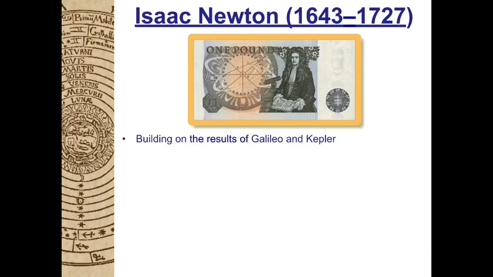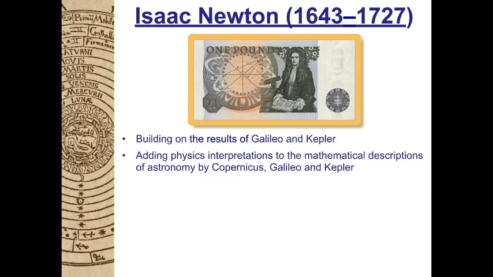So this brings us now to Newton, Isaac Newton. We're in the late 1600s, early 1700s, and what he does now is to build on Kepler and Galileo's work. So now he brings the physics interpretation to the mathematical descriptions that we now have.